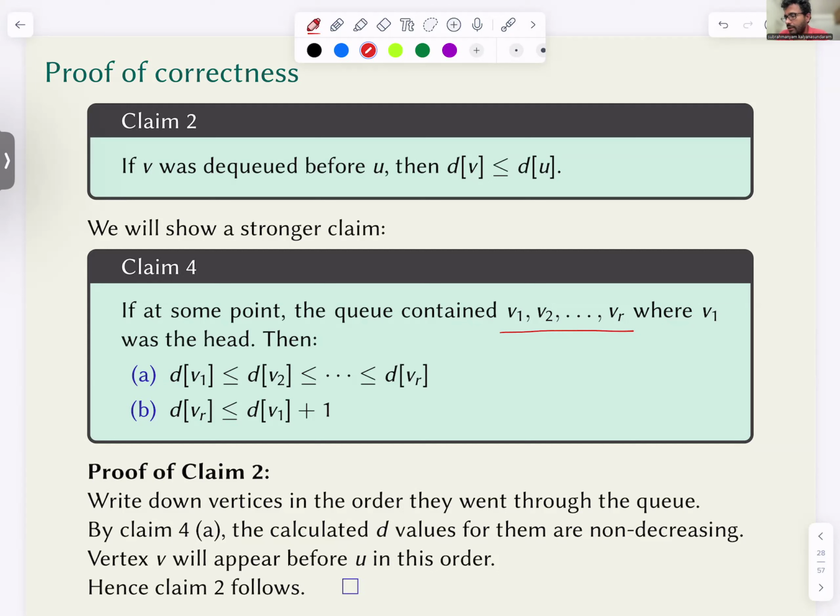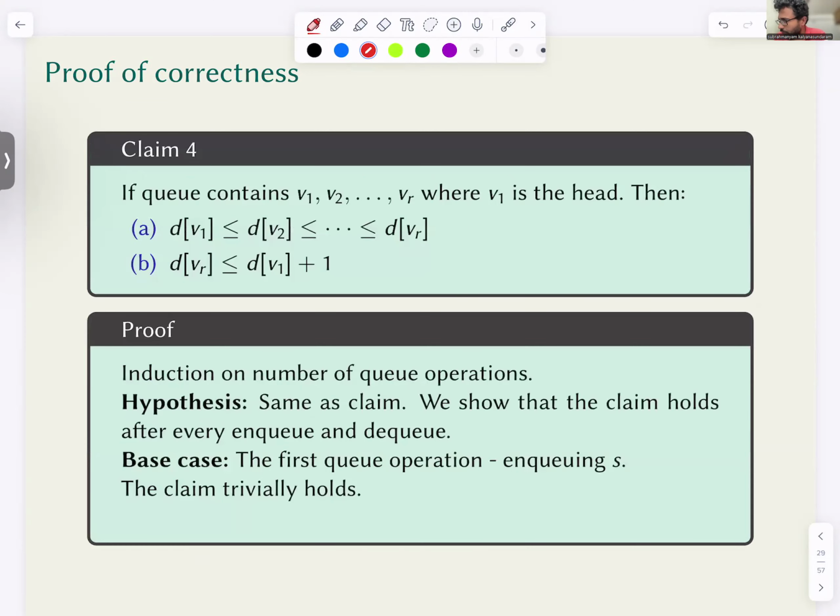It's in non-decreasing order, plus the last value is at most 1 more than the first value. And this is stronger than the earlier statement, right? So I just show claim 4.